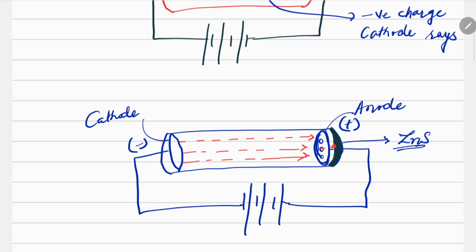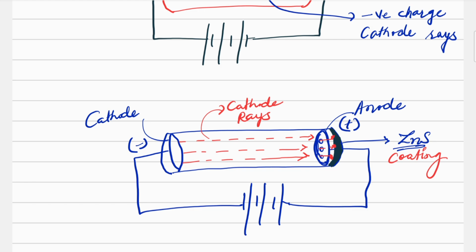Even if the cathode rays were invisible, he got to know that most certainly these rays are striking the zinc sulfide coating.